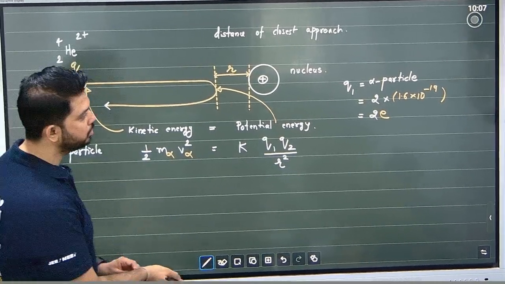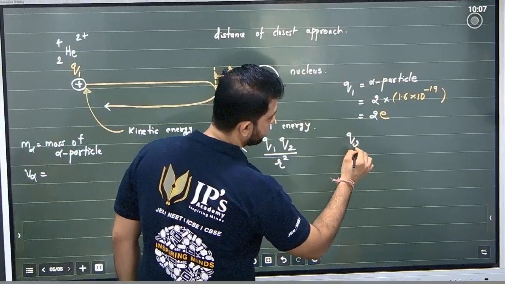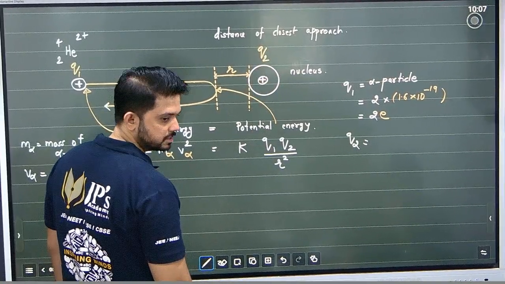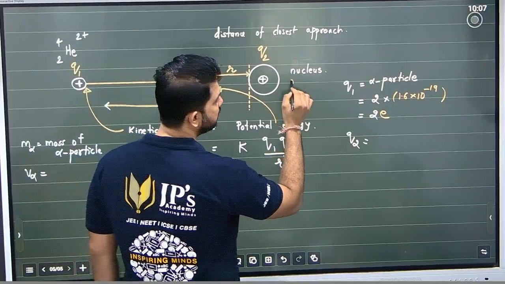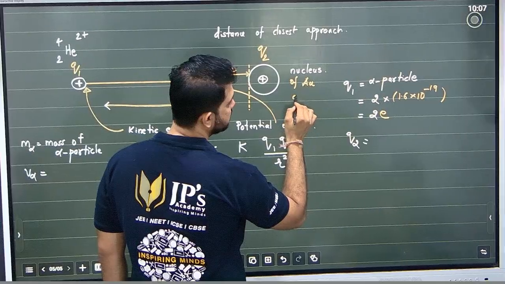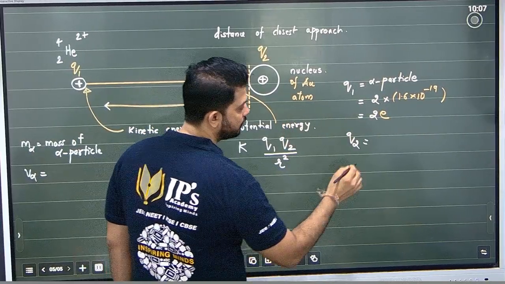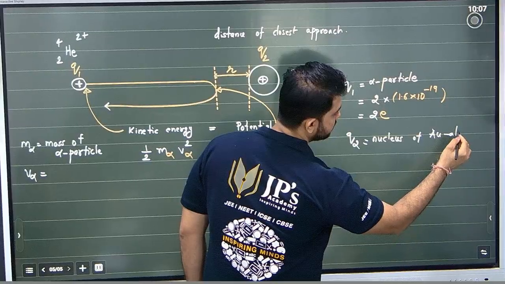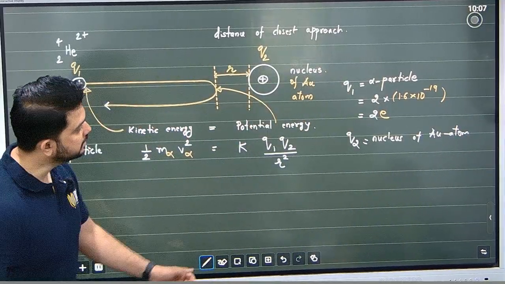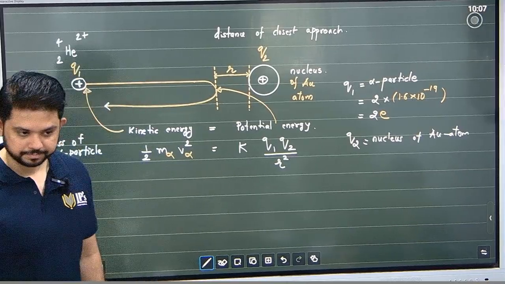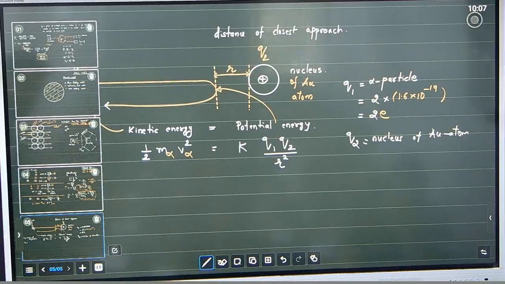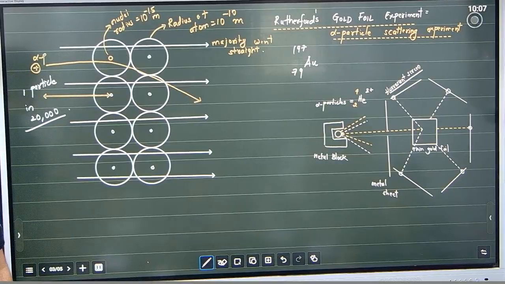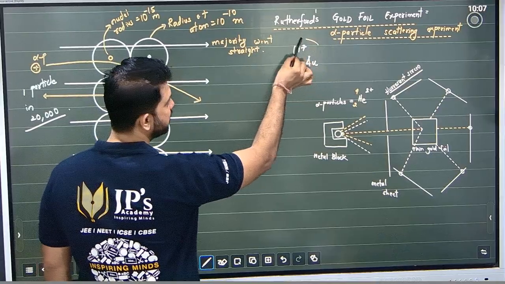What is Q2? न्यूक्लियस किसका? Nucleus of gold atom. What will be the charge on that nucleus? This page can help you in identifying the charge.